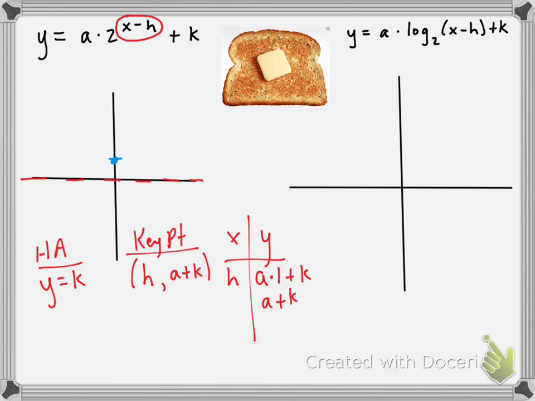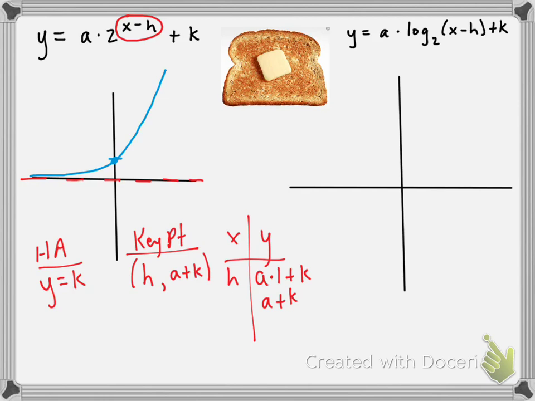And anyway, when you do that, you know that if a is positive, the graph opens up. So we know that the graph of an exponential function starts slowly and then grows very fast after that. And we've been dealing with the coronavirus here.